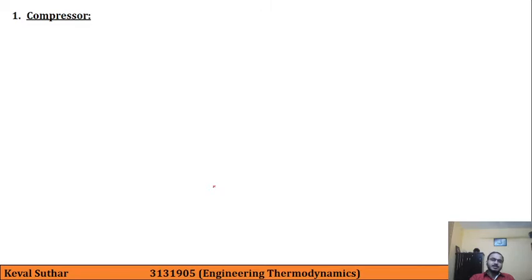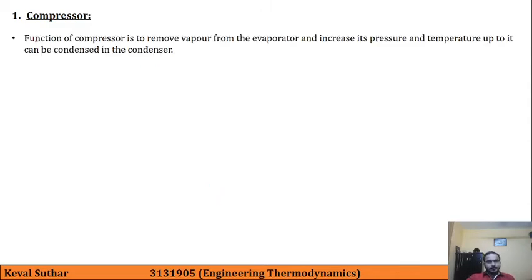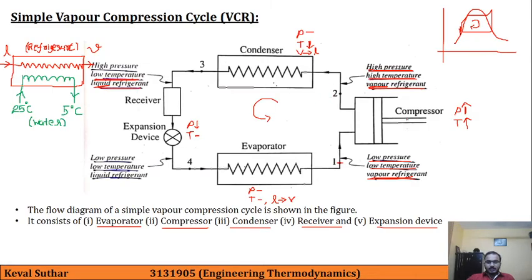So now let's discuss various components of this cycle. First is the compressor. The function of the compressor is to remove vapor from the evaporator and increase its pressure and temperature up to where it can be condensed in the condenser. So here, if you recall, it takes the vapor from the evaporator and then compresses it to condenser pressure.